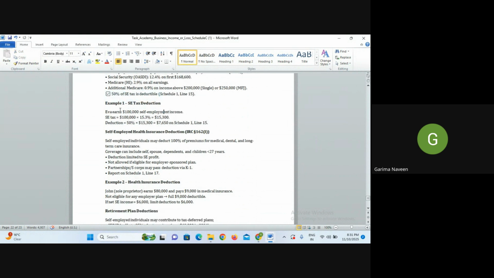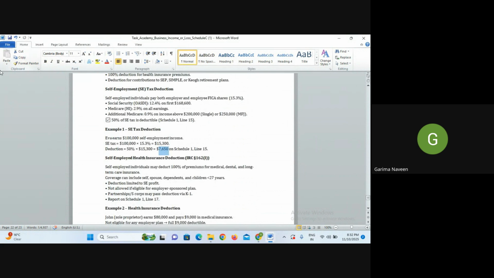Suppose you have $100,000 of earnings, then on this $100,000 you have to pay self-employment taxes, which comes to this amount. And the deduction is 50%, meaning half of the amount you can claim as a deduction in your Form 1040. Is it clear? Self-employment taxes.